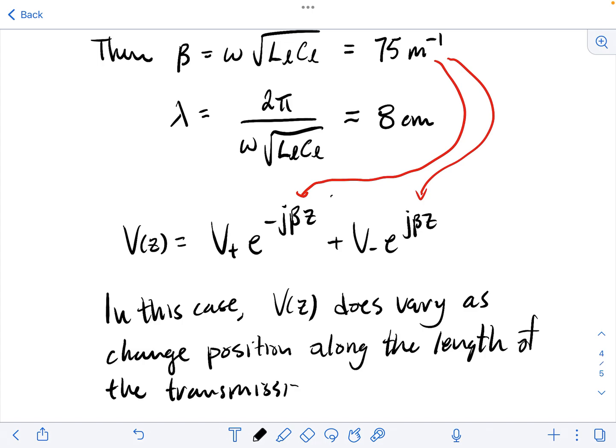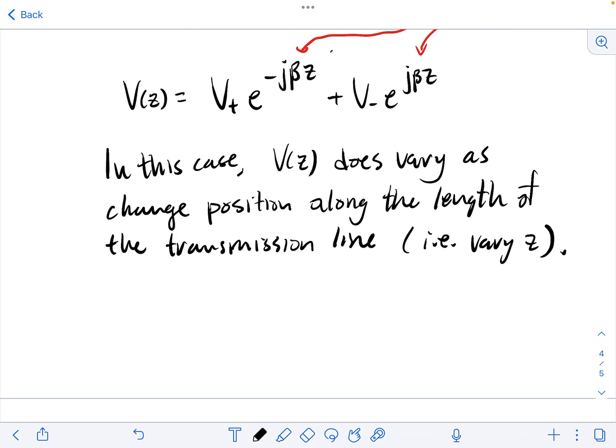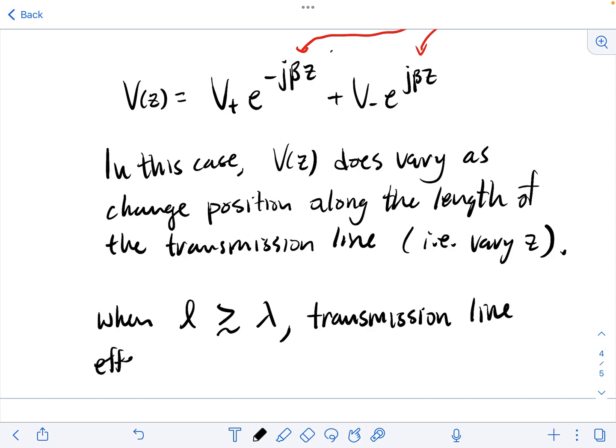In other words, as we change Z. So I think then, to summarize this finding, we could say that when the length of your transmission line is greater than or similar to the wavelength of the signals propagating in your circuit, we cannot ignore transmission line effects. In fact, the transmission line effects are important.